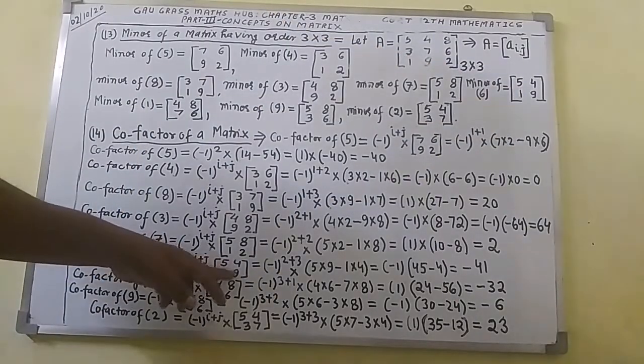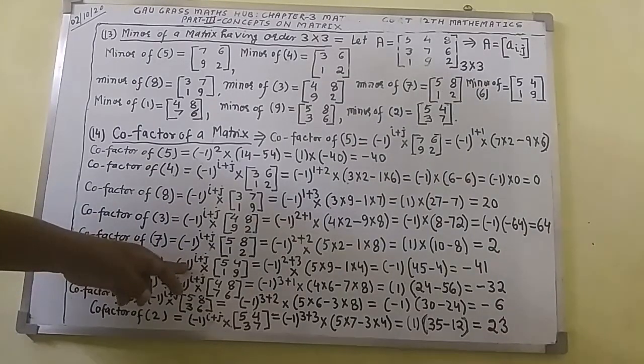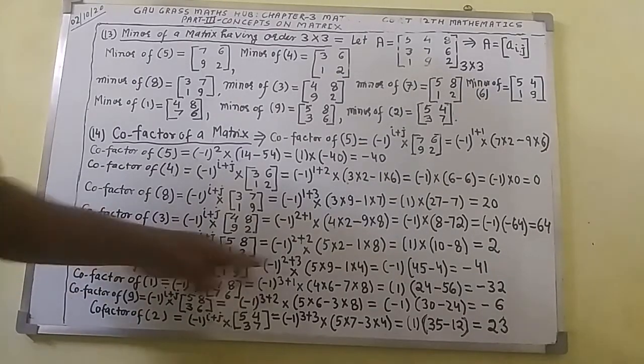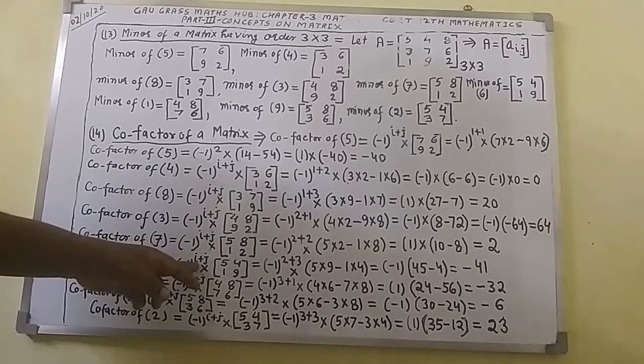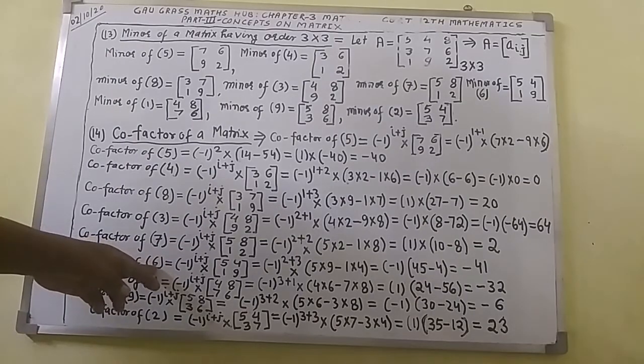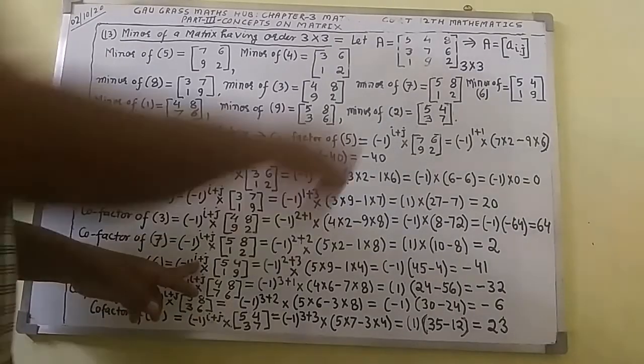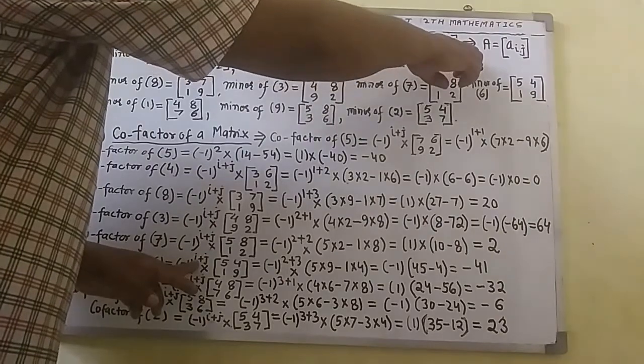I have written minus 1, a fixed constant, raised to the power i, where i represents the row position of element 6. So you have to find that 6 is in the second row.